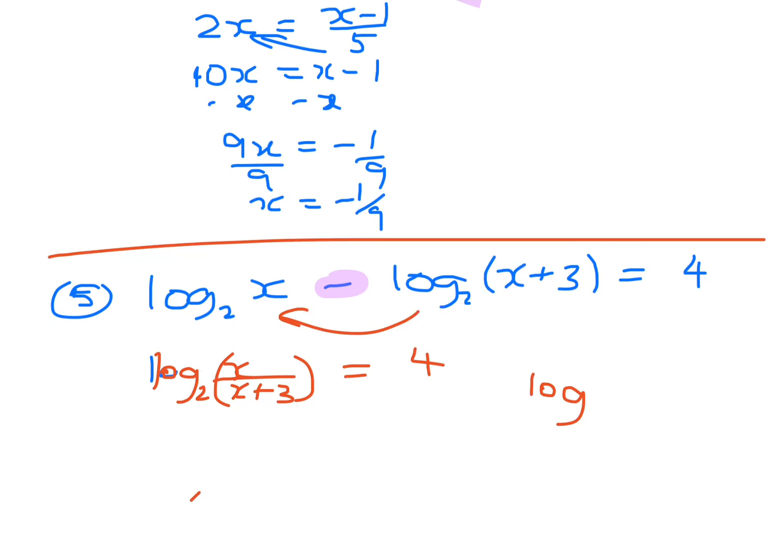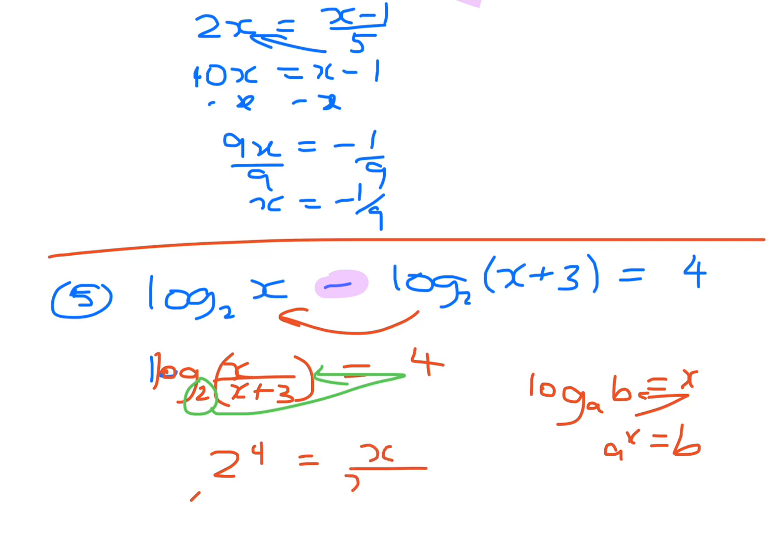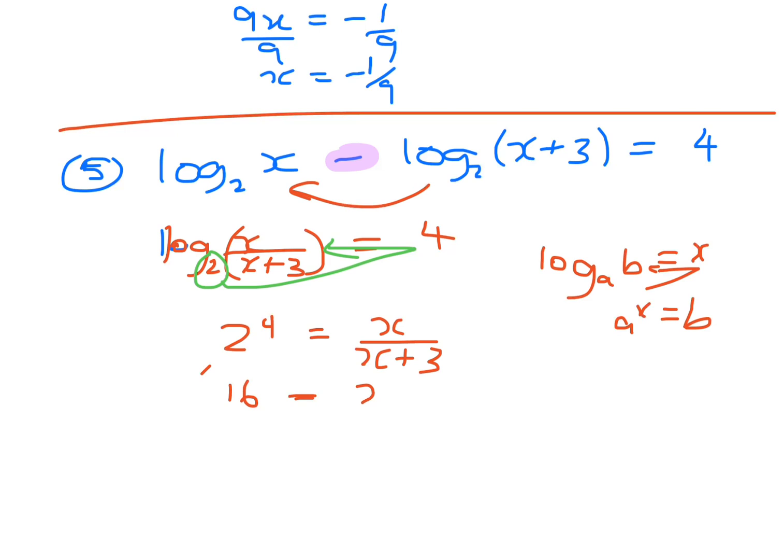Then you can use the seventh rule, a to the x equals b. So that means that 2 to the 4 is x on x plus 3. 16 will equal x on x plus 3.